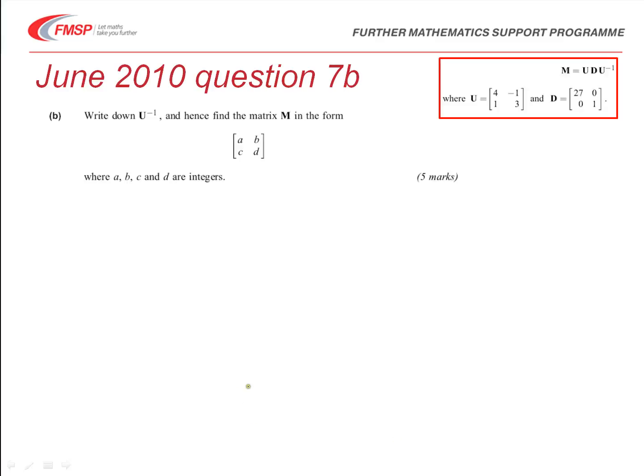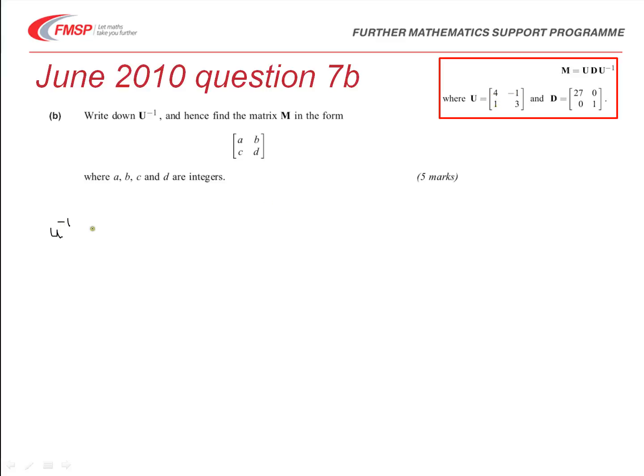Into part B of the question, you're now asked to find the inverse of U. So to get the inverse, we need the determinant, and the determinant is ad minus bc. So U is the matrix (4, 1; -1, 3). The determinant of this is 4 times 3, which is 12, minus negative 1 times 1.